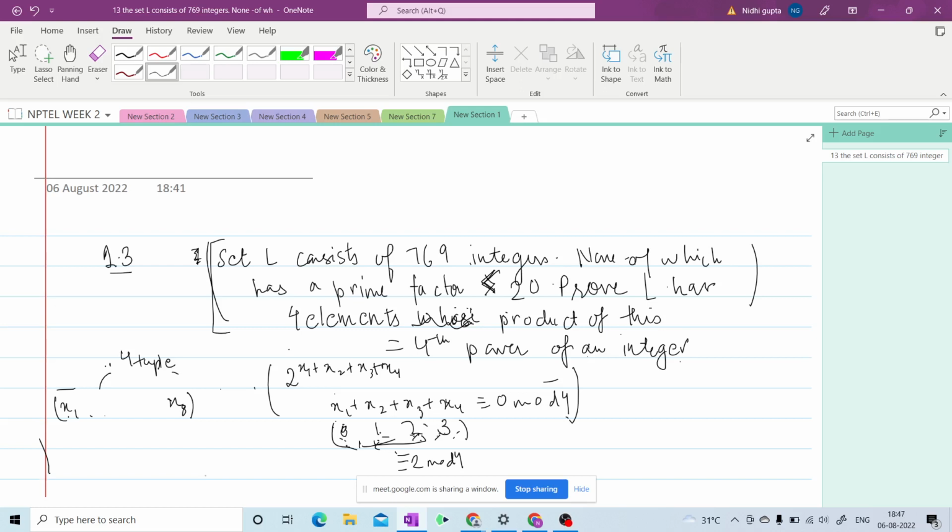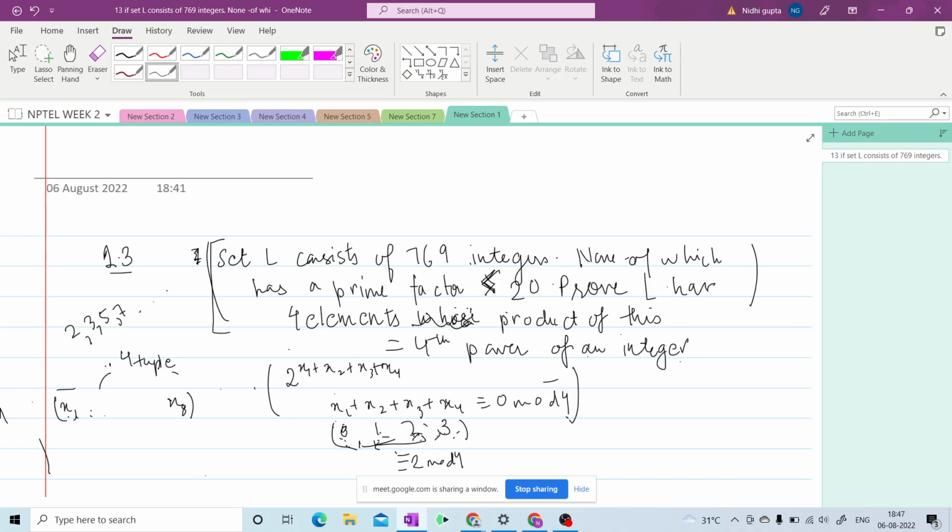By x1 I mean the power of 2 in that number, across the 8 primes 2, 3, 5, 7, 11, 13 and so on. x1 refers to the power of 2 in that number, x2 refers to the power of 3 in that number.